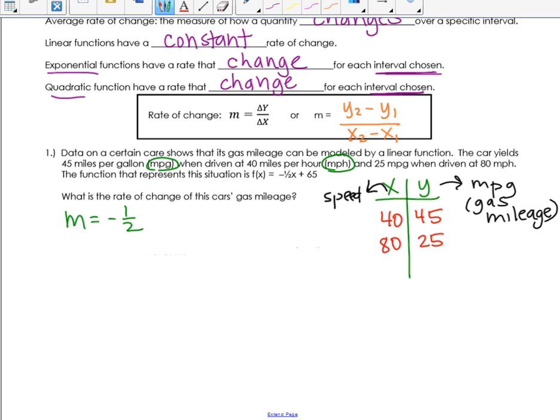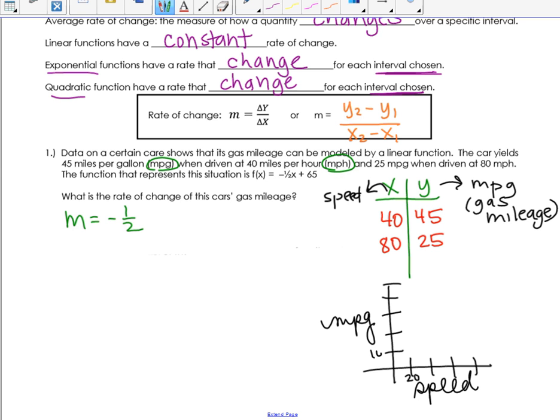If you thought about that in context or in graph form, this is my speed and this is my miles per gallon, so your gas mileage. Okay, so we'll go by 20s here and we'll go by 10s here.